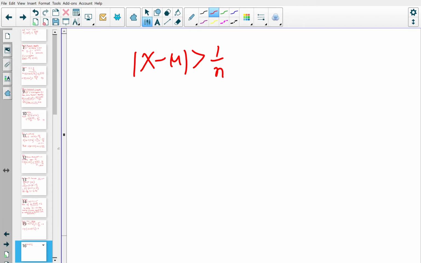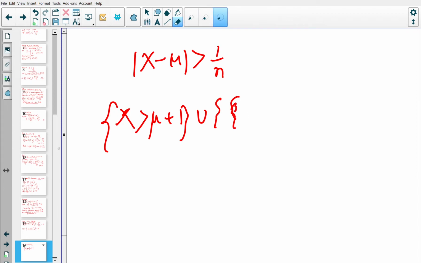Let me give an example. When n equal to 1, this quantity is nothing but x greater than mu plus 1 union x less than mu minus 1.